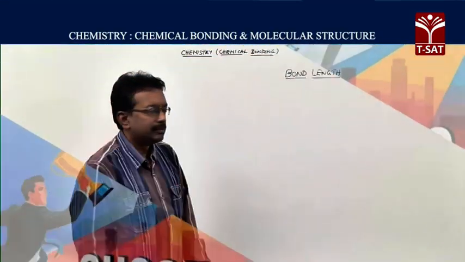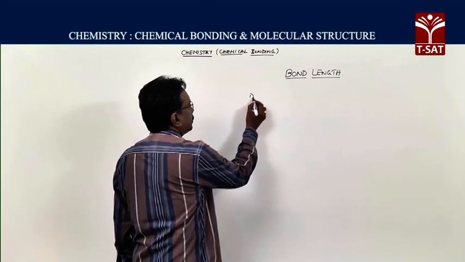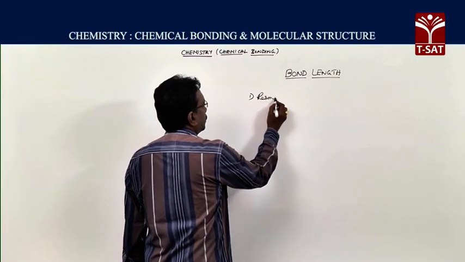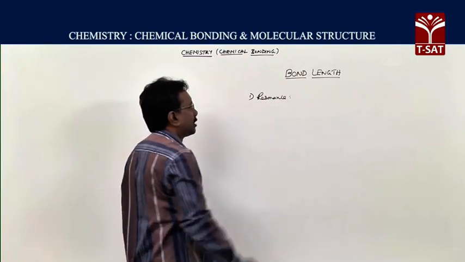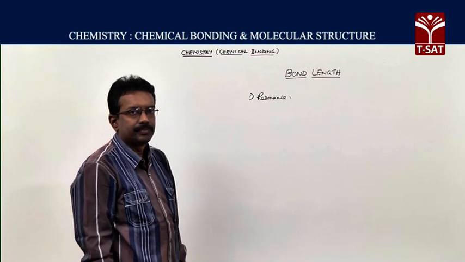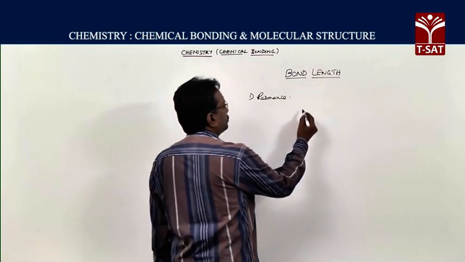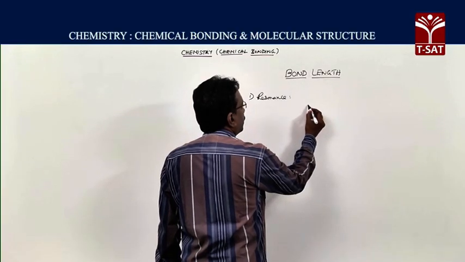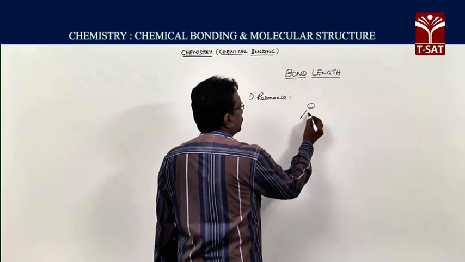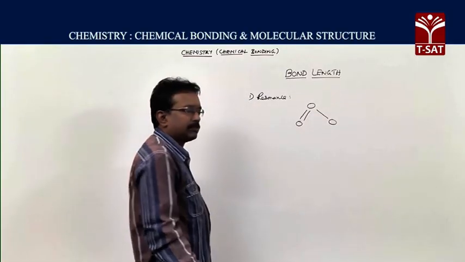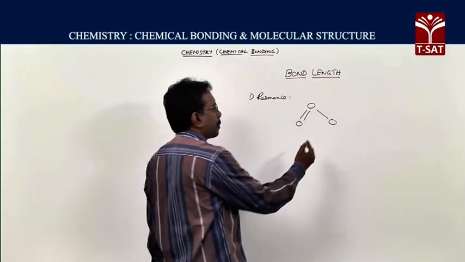Regarding bond length, the first point is the effect of resonance on bond length. Effect of resonance on bond length means, if you observe the ozone molecule, this is one Lewis structure of the ozone molecule.